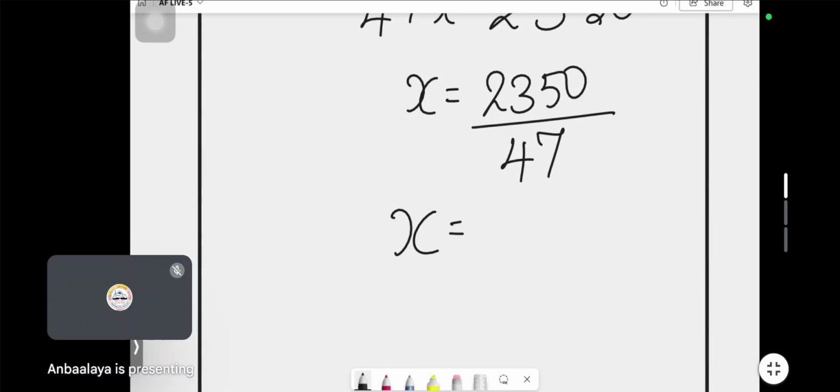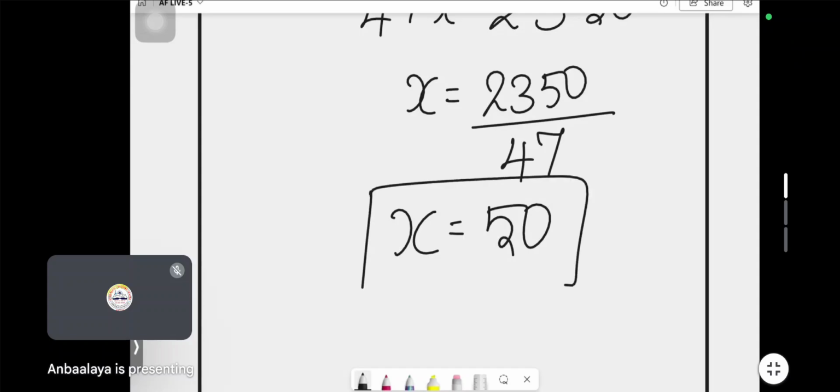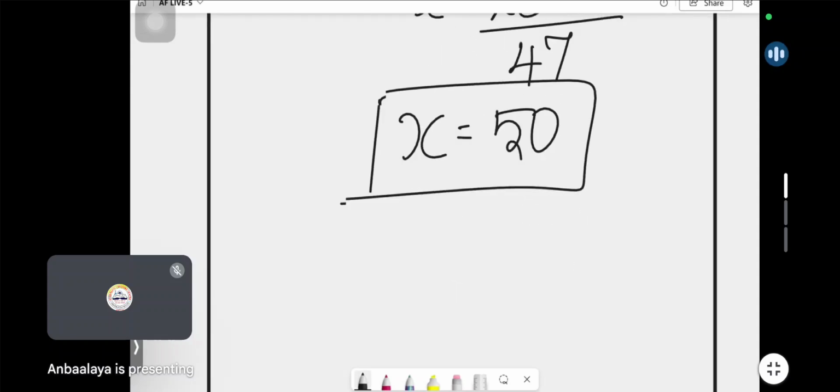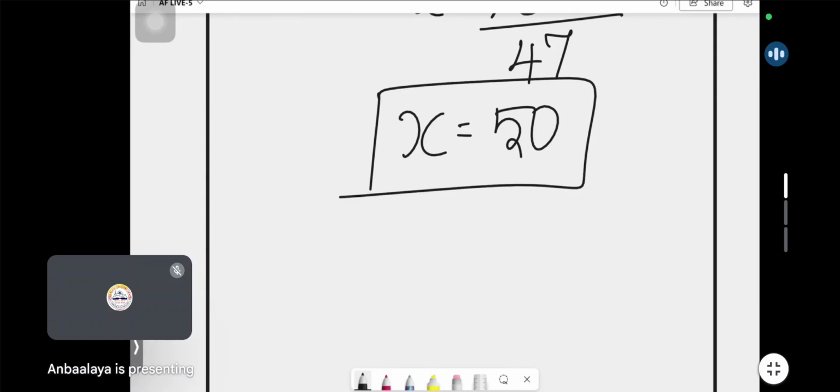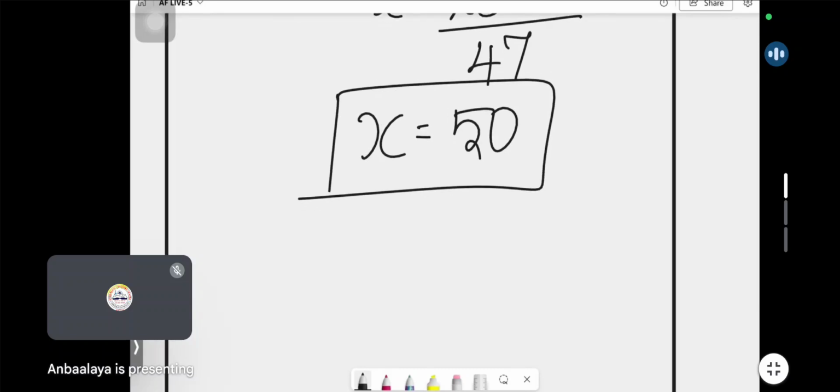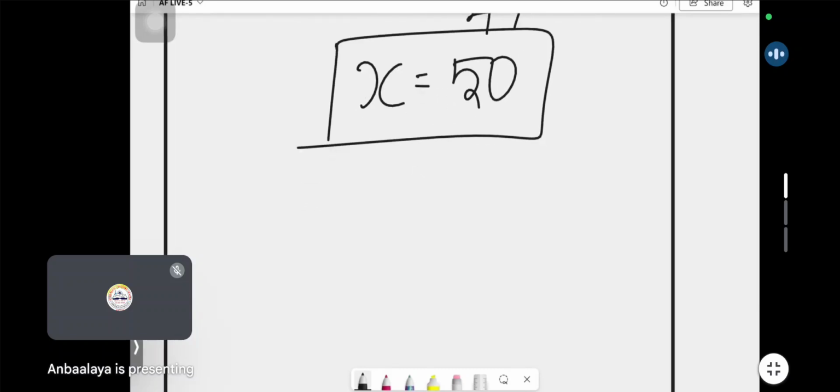Ma'am, 50. Very good, Sushil Jayant. He told the answer first. Many of you are telling 50, so you are working it out. I'm very happy with you all.